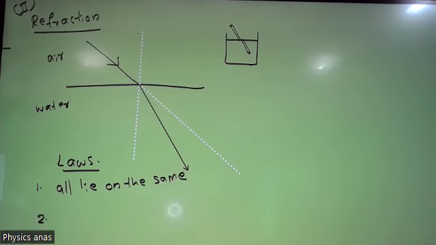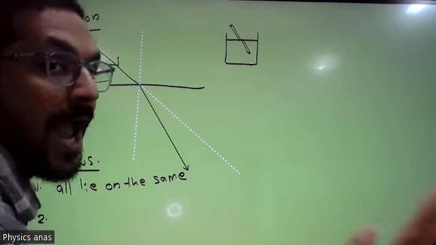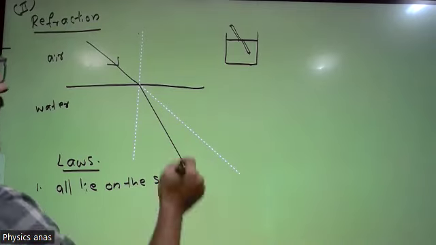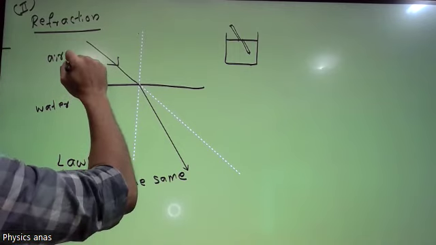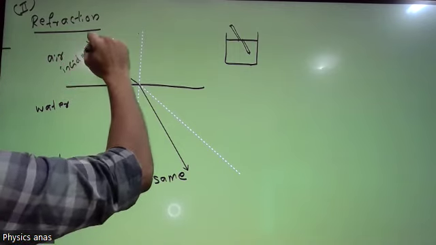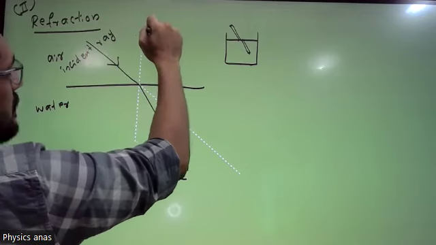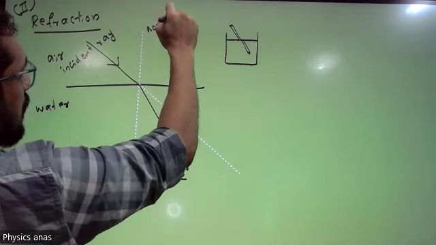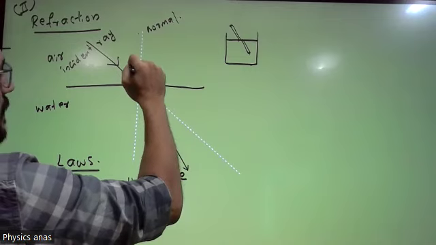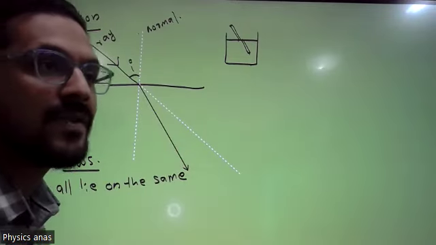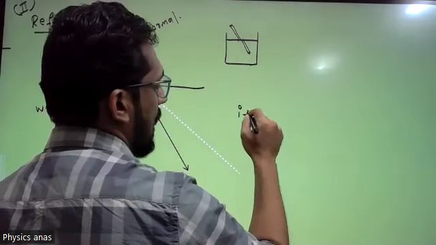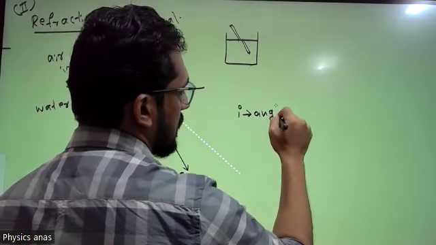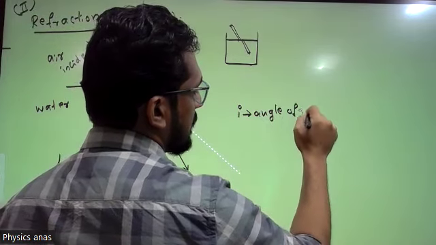For the second law, I will introduce you to two angles. The first angle is between the incident ray and the normal. This is the incident ray, this is the normal, and this is I. What is I? It is the angle of incidence. You know the angle of incidence.